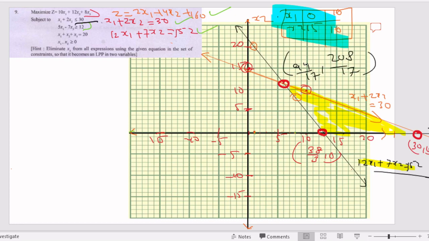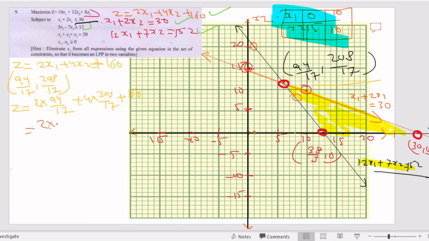Now we have to find the solution, whereas we found three different coordinates. So now the objective becomes Z equals 2x1 plus 4x2 plus 160. The first point is 94 by 17, 208 by 17. So substitute x1 equal to 94 by 17: 2 into 94 by 17, plus 4 into 208 by 17, plus 160. Take 17 as the LCM.